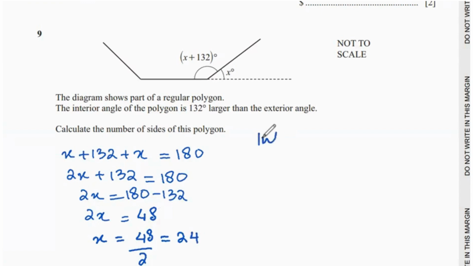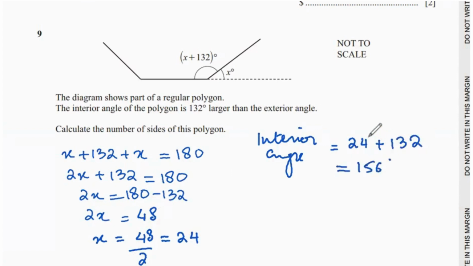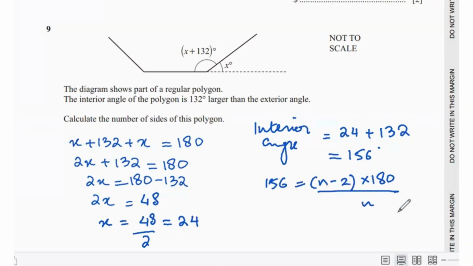So now the interior angle would be 24 plus 132, which equals to 156 degrees. Now to find the number of sides, we can use the interior angle formula, which is n minus 2 times 180 divided by n. If they're asking for the sum of interior angles, then you would not divide n minus 2 times 180 by n. So since we have the value of each interior angle, 156, we use this formula.